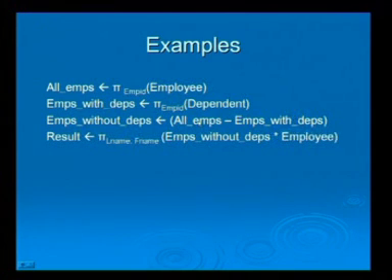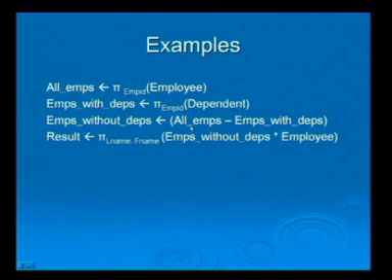then you know that to get the set difference they have to be union compatible. Their degrees should be the same and they should be of the same domain. As you can see, the all employees relation has got only the employee ID attribute, and employees with dependents has also got the employee ID attribute. So, their degrees are the same, and you can apply the set difference operation.